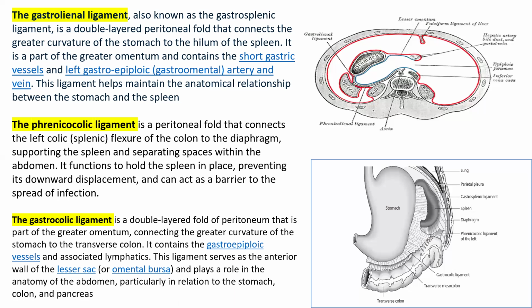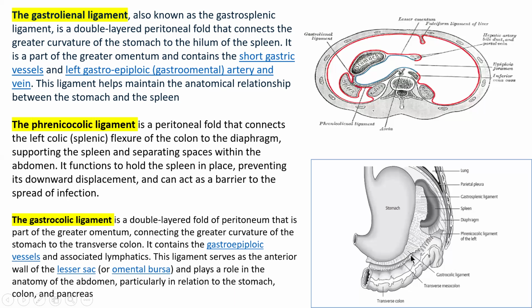Next is the gastrocolic ligament, which is a double-layered fold of peritoneum that is part of the greater omentum, connecting the greater curvature of the stomach to the transverse colon of the large intestine.